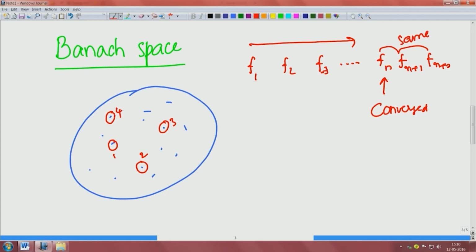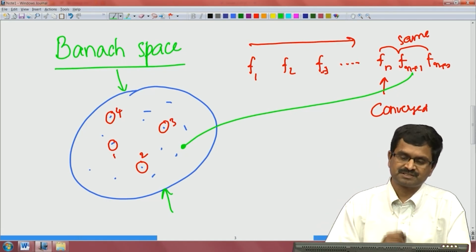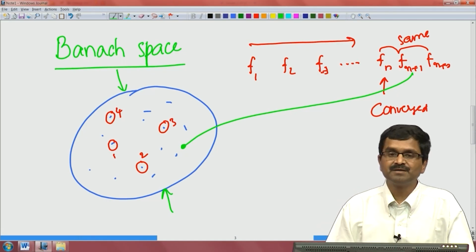Such a sequence of functions we call a converging sequence, and the limit that I converge to should also belong to this space. If it does, such a thing we call a Banach space. Okay. That is complete, meaning that the limits of all convergent sequences belong to that space itself. Why is it important for us?